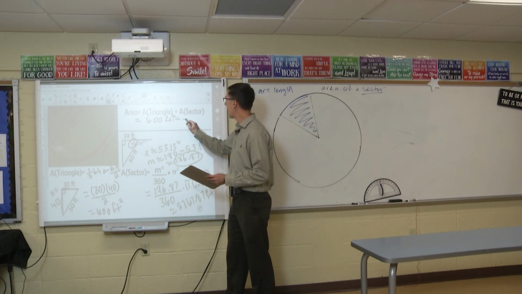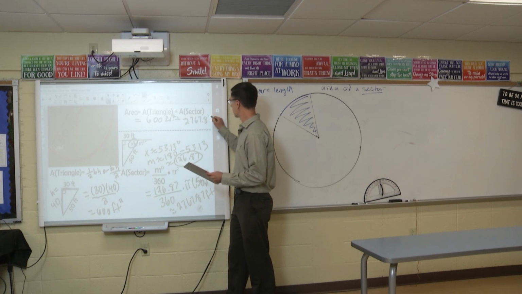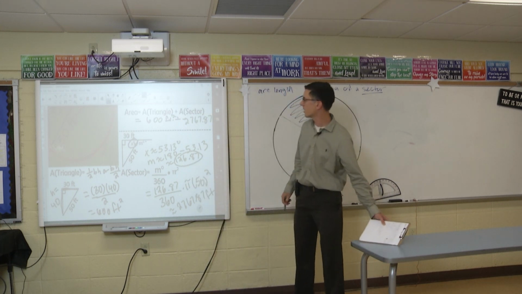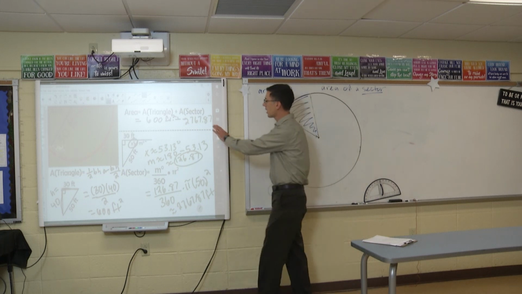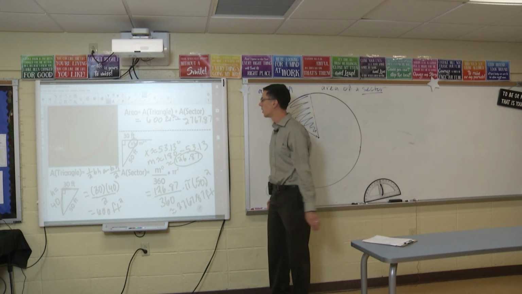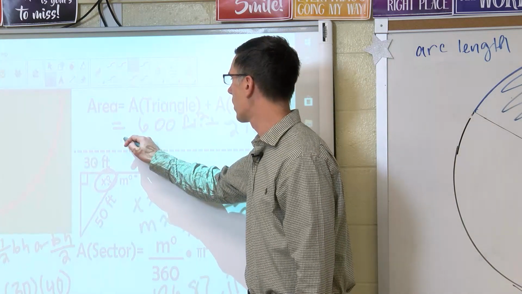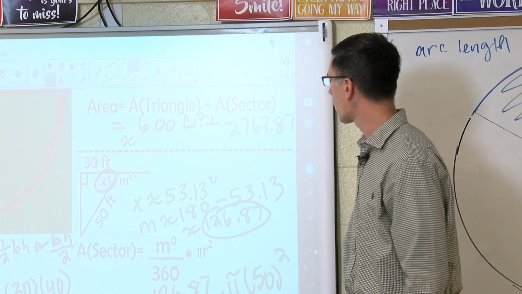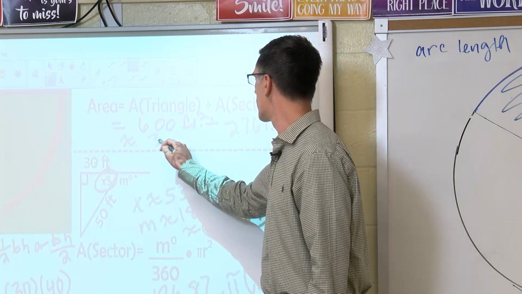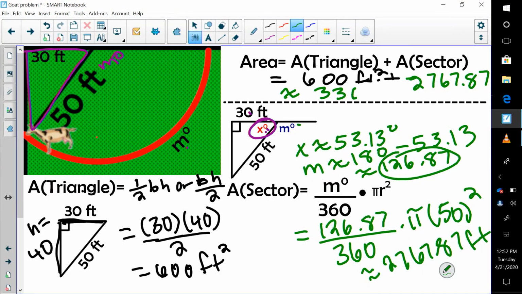So our area of triangle is 600 square feet plus 2,767.87 square feet, which means our final answer for this part is approximately 3,367.87 square feet. Now, we've answered all 4 parts.